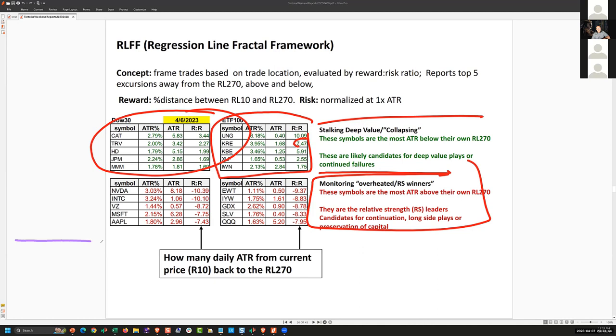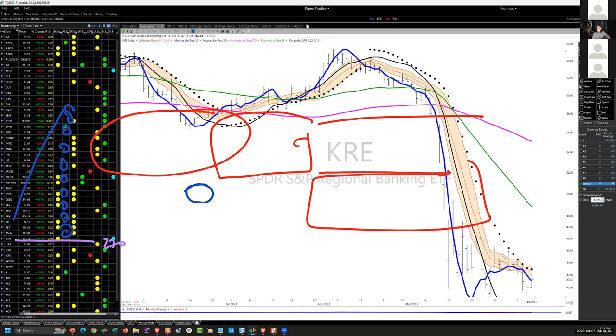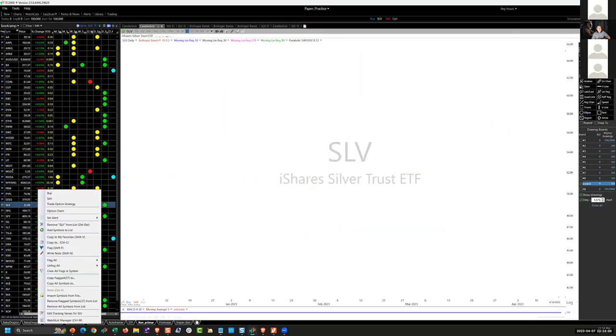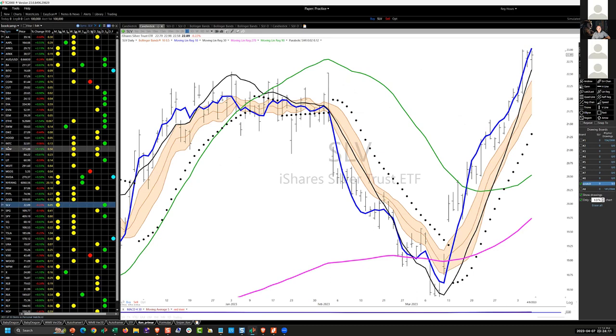The RL270 is here, but the trader's price is up here. And NVIDIA and Intel are 10 ATRs above their long-term fair value. Part of that is because they both got murdered in a sell-off. So I go to Intel.